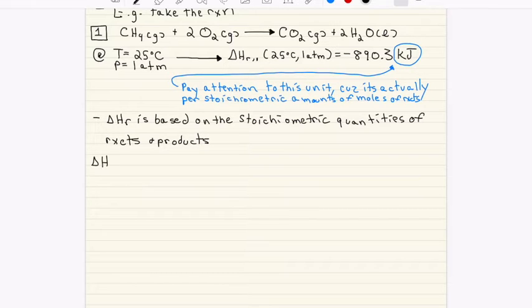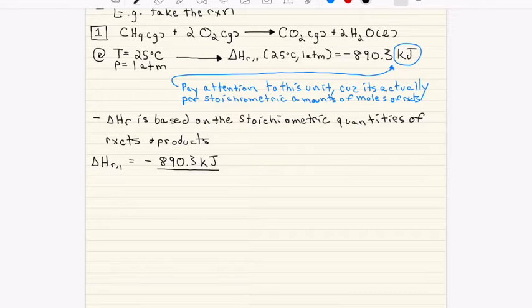I'm going to write the enthalpy of reaction for the chemical reaction number 1 like this. Okay? So I said that when methane combusts with oxygen, negative 890.3 kilojoules are released. Okay?